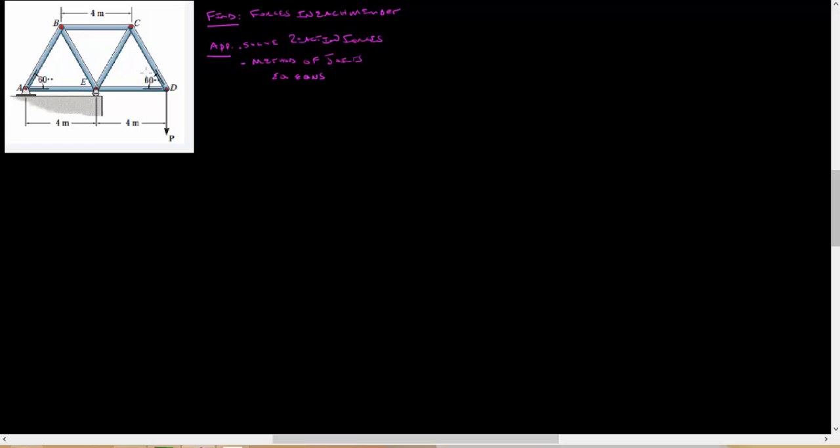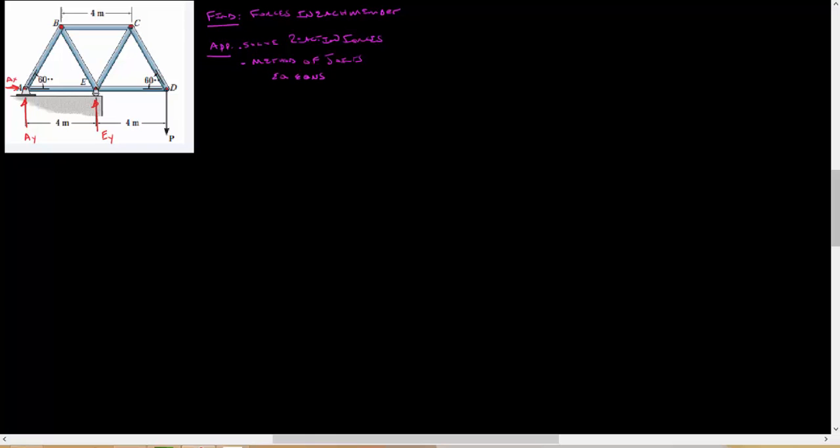If I was to draw the free body diagram, I would redraw this whole thing, but I would have my reaction force shown, and I'm going to label that AY, and this one AX, and here I'm going to label this one EY. So those are my reaction forces on the actual truss itself due to the types of supports on here.